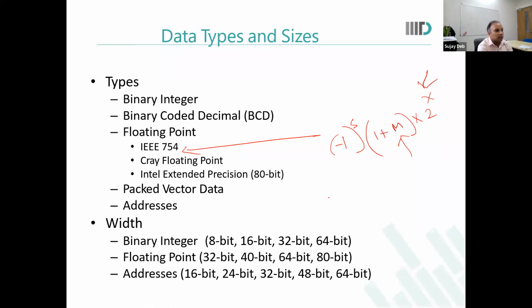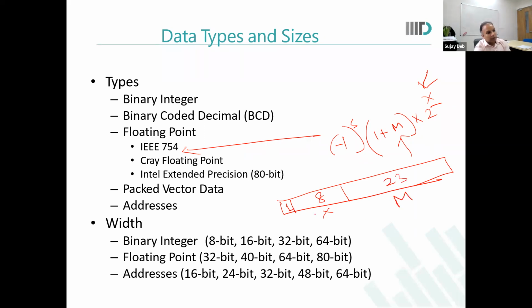So the IEEE 754 format looks like this: for a 32-bit floating point number, you have one sign bit, then 8 bits representing the exponent, and then 23 bits representing the mantissa. Okay. And you can represent any number using this IEEE 754 format. There are other floating point standards, but 754 is the most popular one.